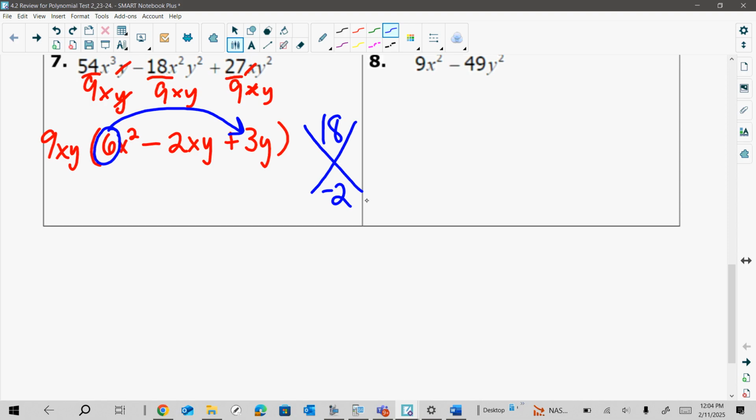That's what we're checking first. Can it be factored anymore? Because there's only 3 sets of factors for 18. No, there does not exist. So this is prime right here. There's nothing else. So this is our final answer. 9xy times 6x squared minus 2xy plus 3.